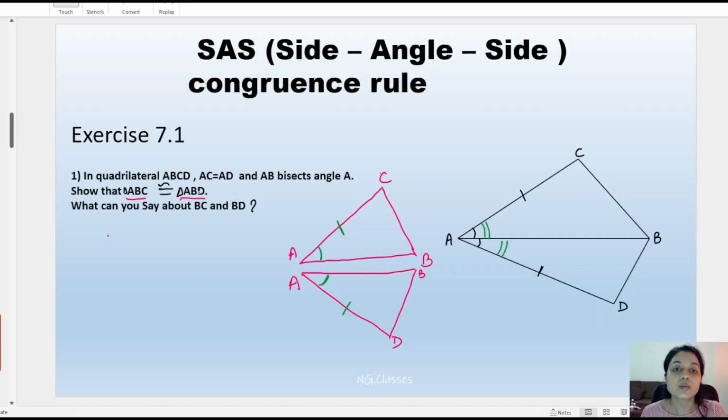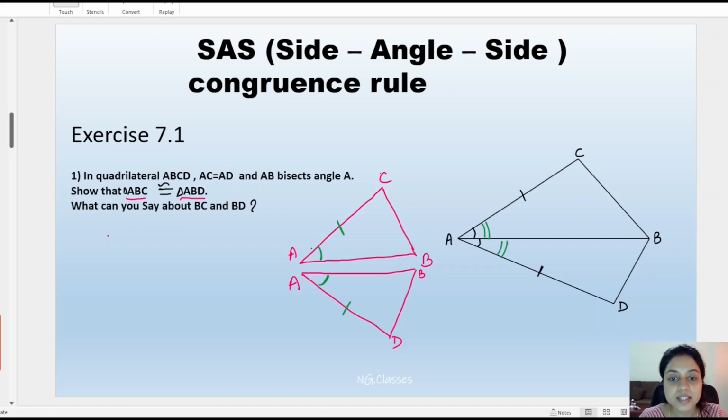Now the side angle side congruency rule says if two sides of one triangle are the same as two sides of the other triangle, and the included angle between both sides of the first triangle is the same as the included angle between both sides of the second triangle, then we can say both triangles are congruent with each other by the side angle side congruency rule.